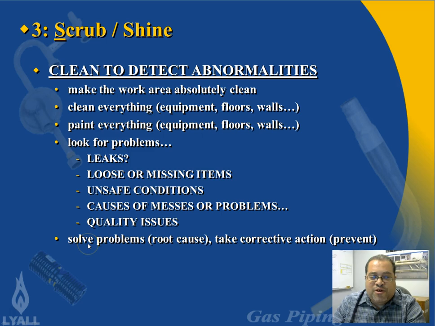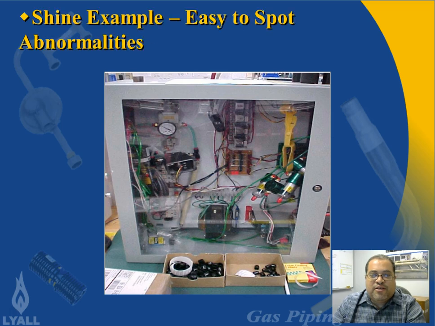Okay, and in all this, what we want to do is look at the root cause of any problems that we come across and then take corrective action. We're very big on prevention. Okay, here's an example of what I'm talking about. This goes beyond the regular concept of just keeping the surface clean.